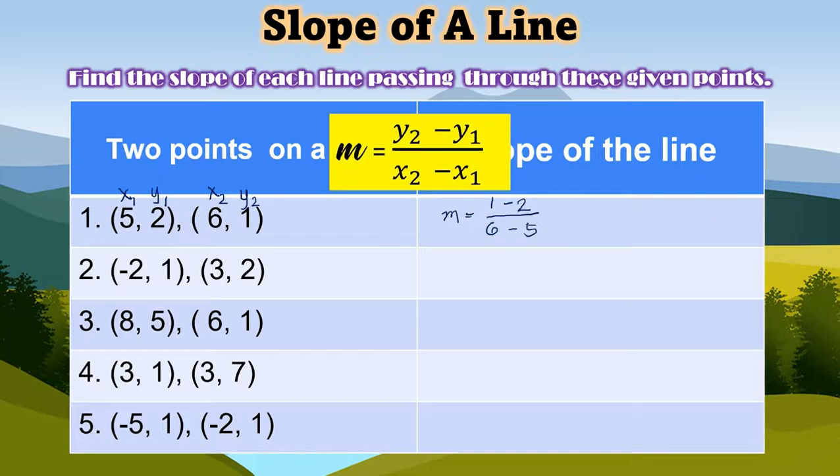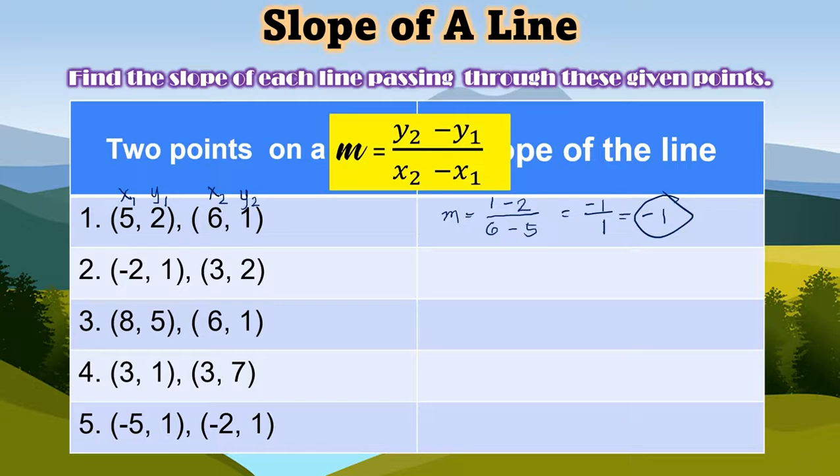Performing the operation, 1 minus 2 is negative 1 and 6 minus 5 is 1. In standard form, it's negative 1. So our slope is negative 1, and the line is going downhill because the slope is negative. It's less than 0, so the line leans to the left.